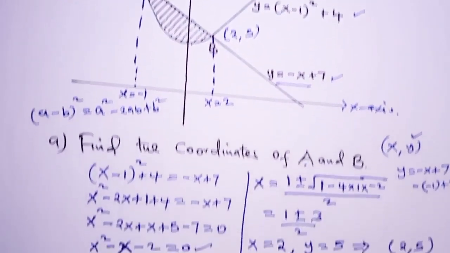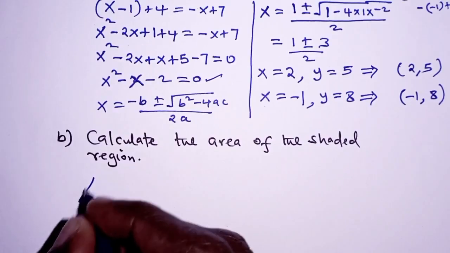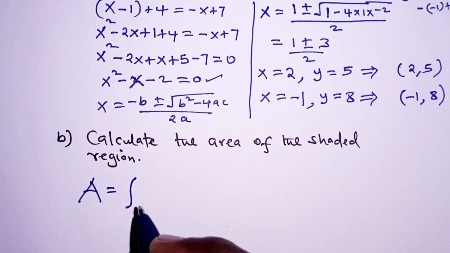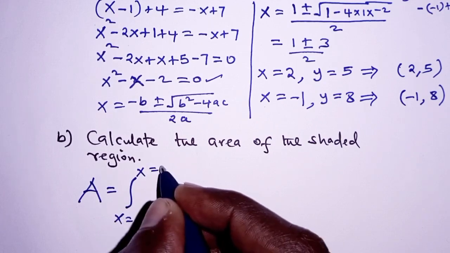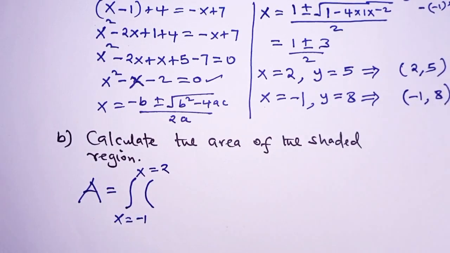So we're going to determine the area of the shaded region by integration. The area of the shaded region is, so we're going to integrate from the limit x is negative 1 up to x is positive 2. So this is what we are going to integrate.